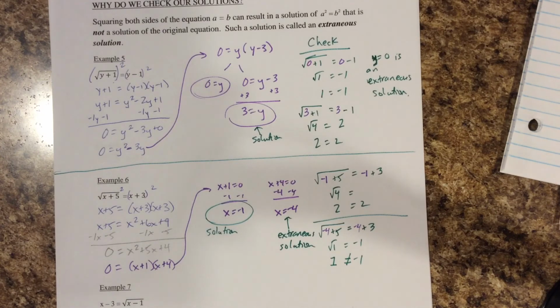Okay? So do not assume that when you solve a quadratic, one value works and one value doesn't. That is not the case. Each equation is dealt with independently, all right? So just make sure we have to check these answers, all right?